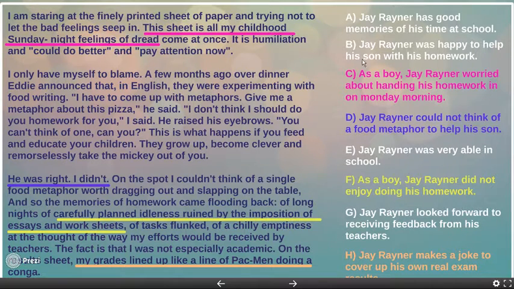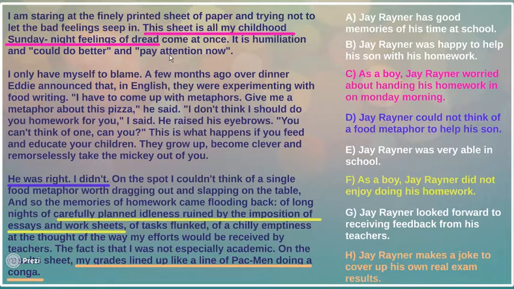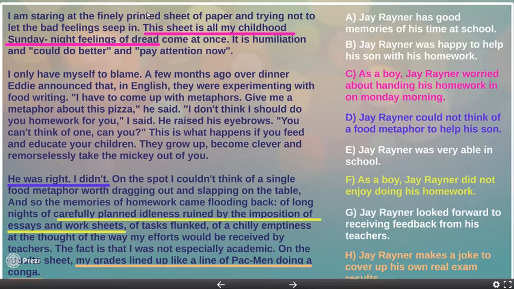As a boy, Jay Rayner worried about handing his homework in on Monday morning. If we look for the pink section here, 'this sheet is all my childhood Sunday night feelings of dread come at once.' Now, it doesn't literally say that Jay Rayner was worried about handing in his homework on Monday morning. Instead, it's more implicit. But we get the sense, through the fact that he was feeling lots of dread on Sunday night, that this is correct.